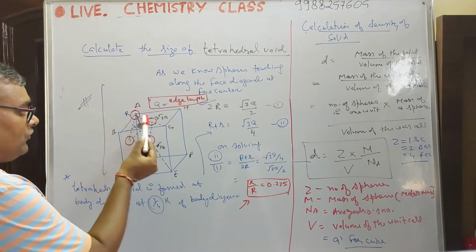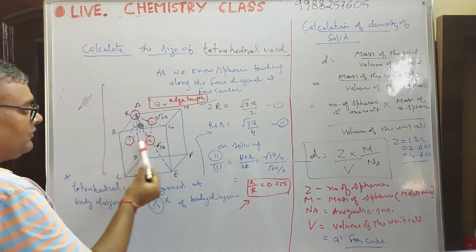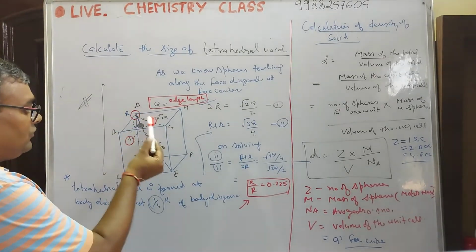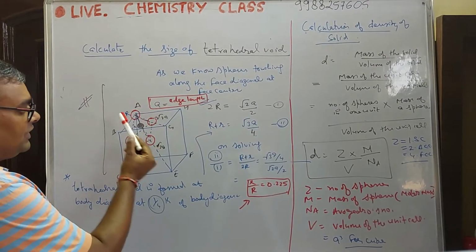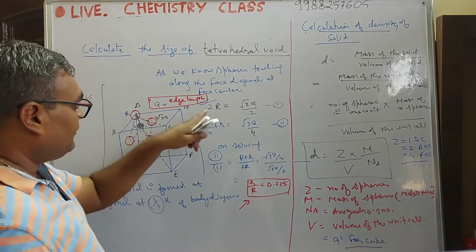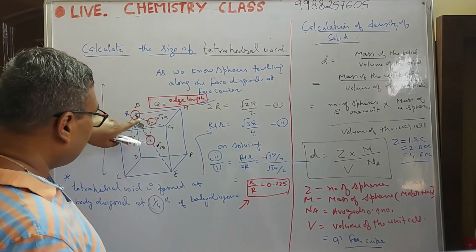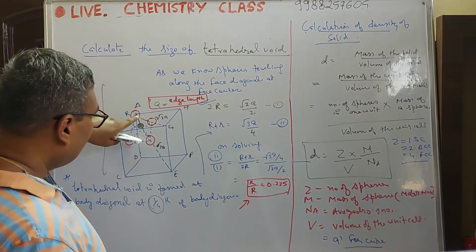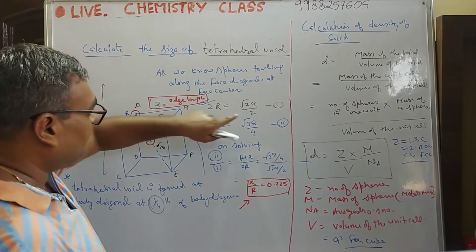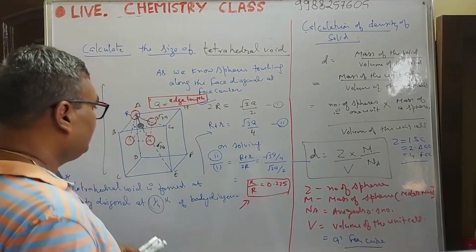Because these two spheres touch each other, this length becomes equal to 2r. In terms of edge length, this length is half of the face diagonal, root 2a by 2.